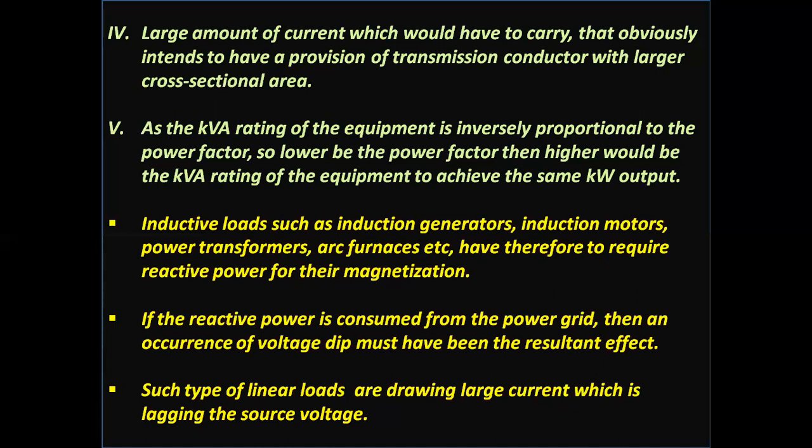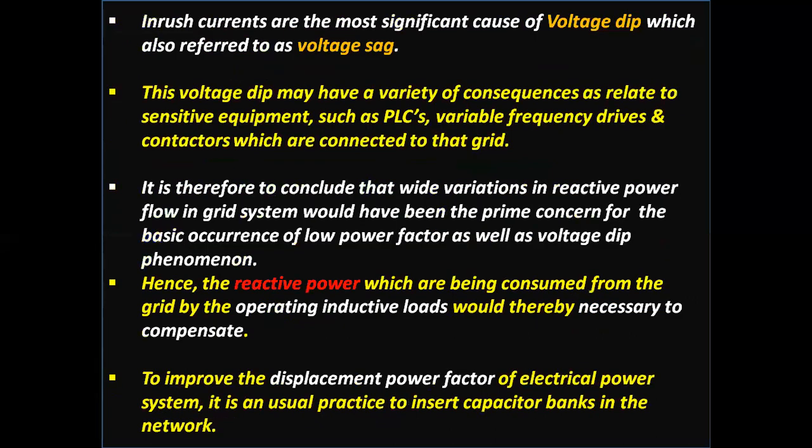Such linear loads draw large current which lags the source voltage. Inrush currents are the most significant cause of voltage dip, which is also referred to as voltage sag.